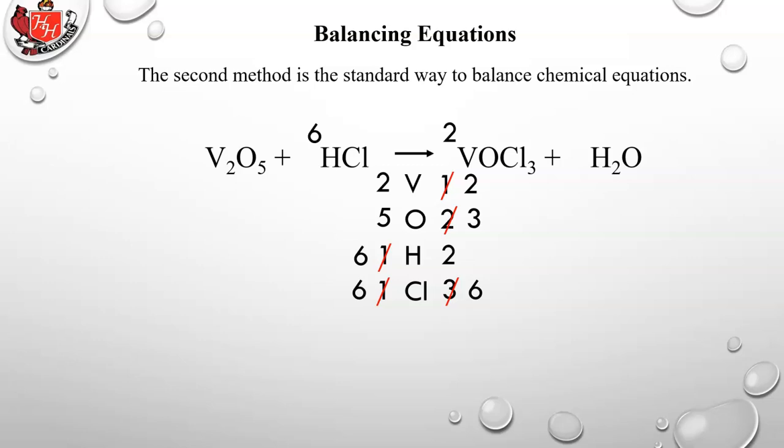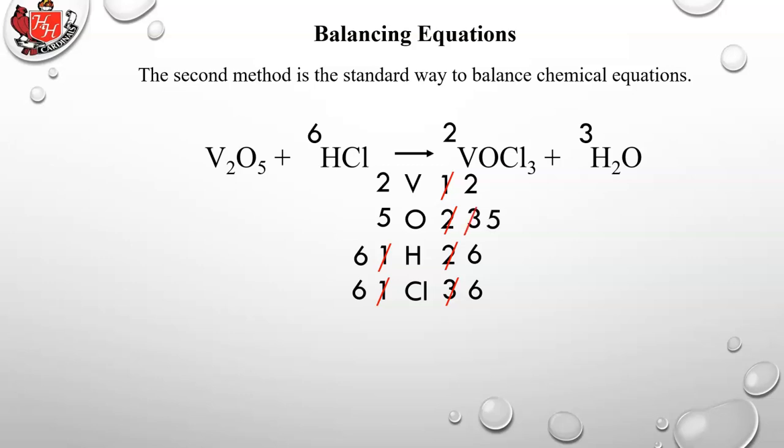Okay. Next, we're going to go to the hydrogens, and we're going to put 3 water molecules. So that means we now have 3 times 2, or 6 hydrogens. But that also changed the number of oxygens over there in the water molecule. So now you have 2 oxygens in the VOCl3, and you have 3 in the H2O, so that's a total of 5.